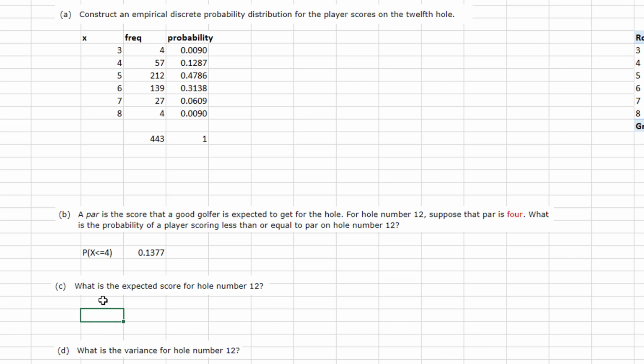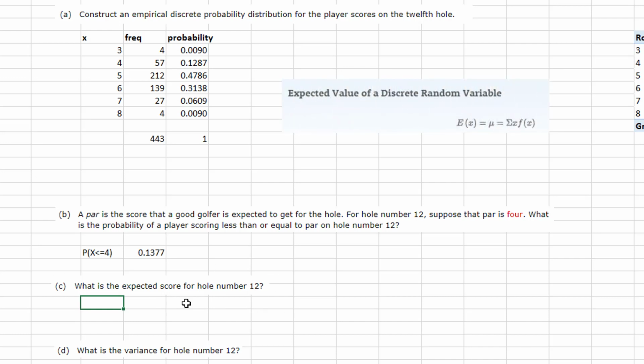Then next it asks, what is the expected score? Now this takes a little bit more, because expected value, what you have to do is take each X value and multiply it times its probability.